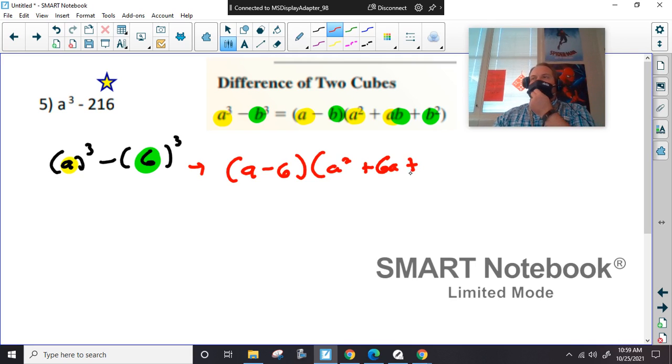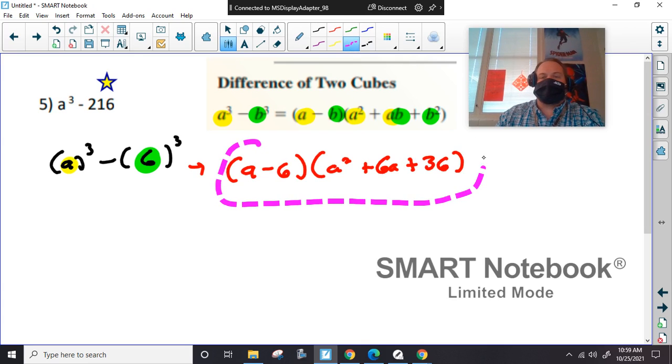And now we have to say 6 squared. So 6 times 6 is 36. Which one? There's 16 a's out here. That's a squared.